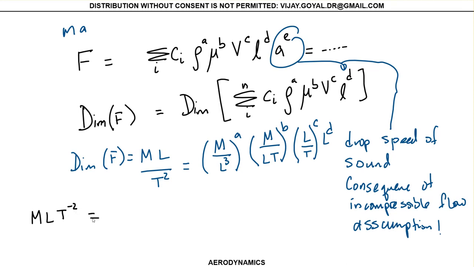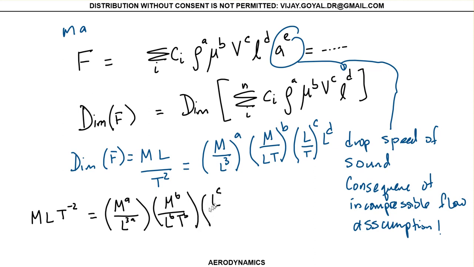Okay, so this side is equal to M^A L^-3A, doing a little bit of algebra here, M^B L^-B T^-B multiplied by L^C T^-C L^D. Okay, so let's further simplify all this.